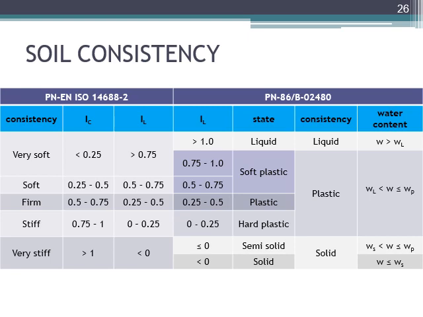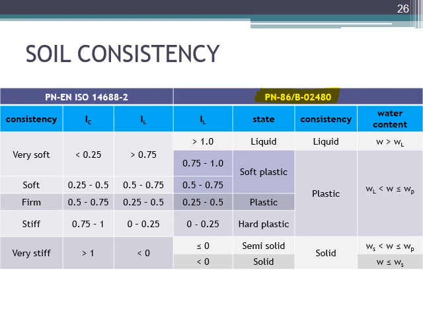I would like to start this description with the Old Polish standard PN 86, because this standard was giving very precise and sensible names of the soil states and soil consistencies.